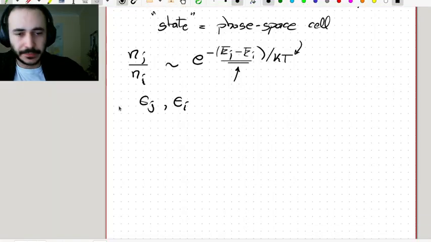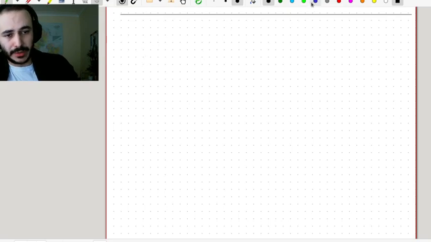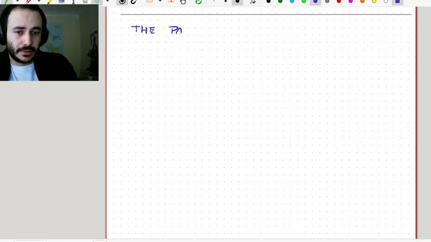What I do want to elaborate on a little bit is actually very important. This is the single particle partition function. So what can we calculate with the partition function?